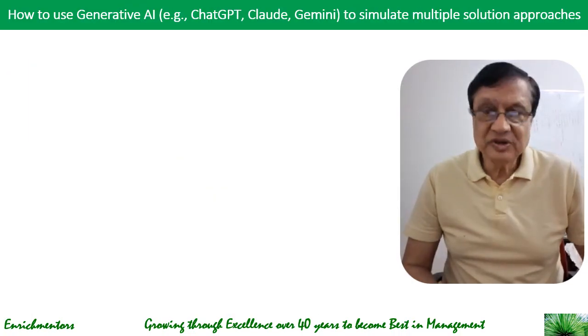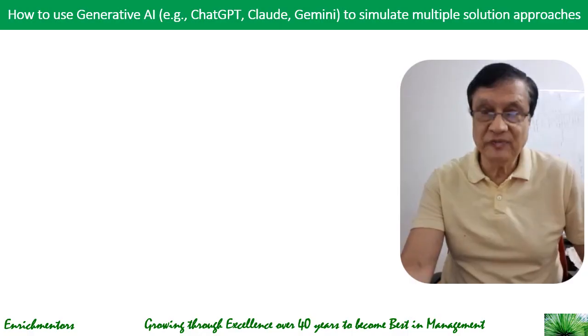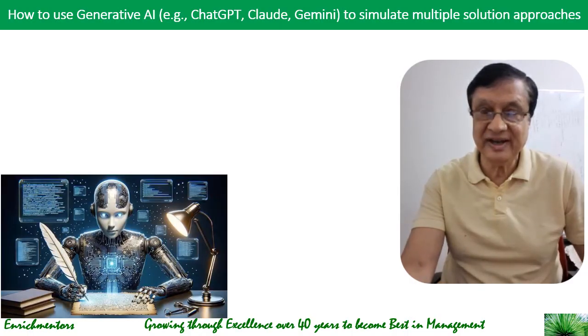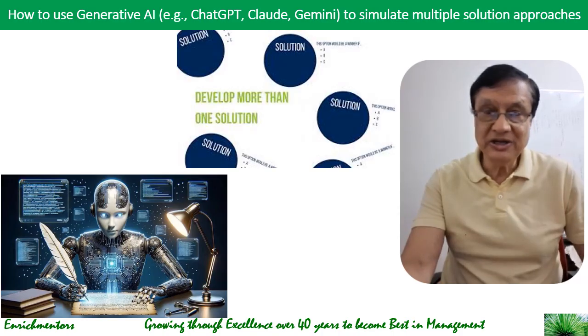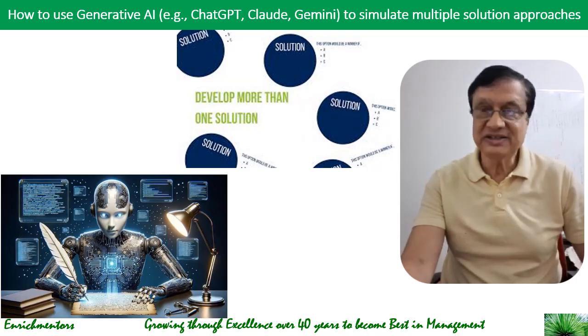So, there is a practical framework that we will unfold as we go forward, of using generative AI like Claude, ChatGPT, and Gemini to simulate multiple solution approaches, especially useful for problem solving excellence training. Let's take a look at how we do that.